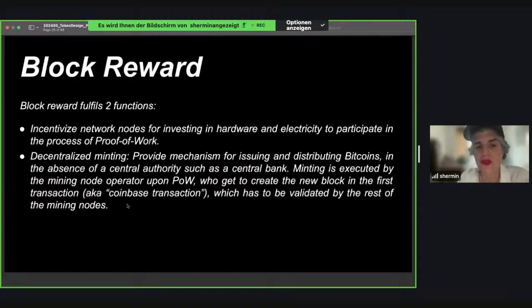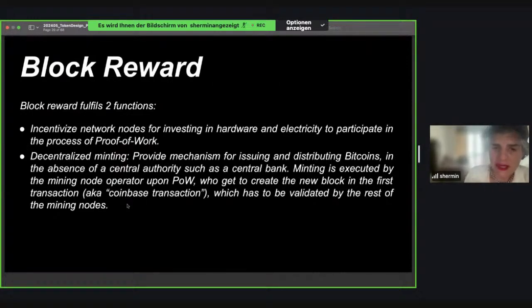The node that gets to write the next block of transactions gets to mint these new tokens that they get awarded, minted in this new transaction. So minting is decentralized. I think I mentioned it briefly last time also.